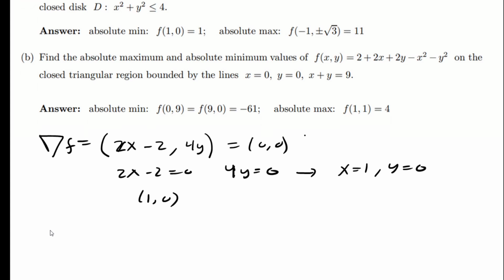So I'm going to parameterize the boundary as 2 cosine t, 2 sine t. Right, so this is the parameterization for the boundary.